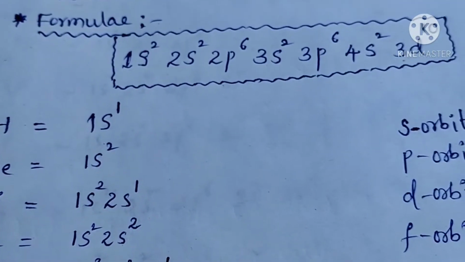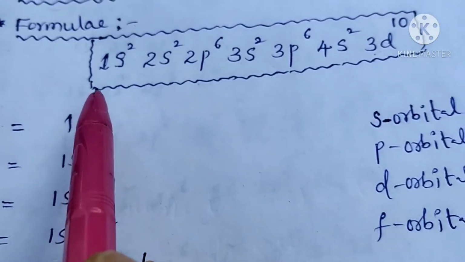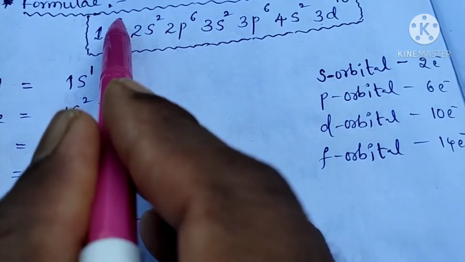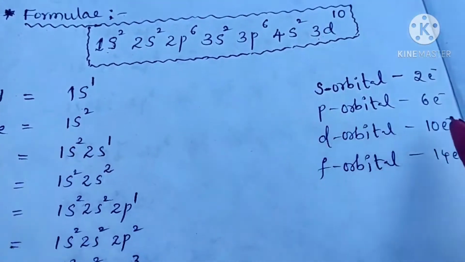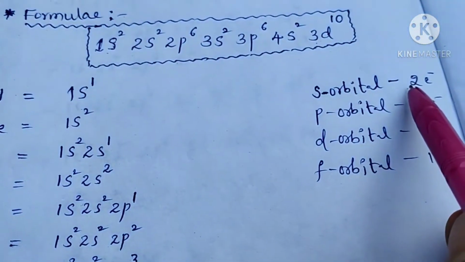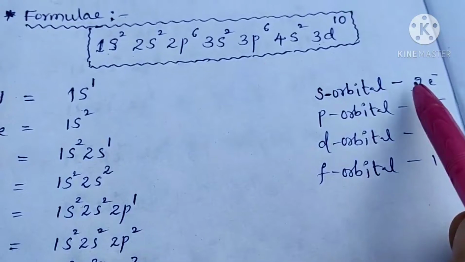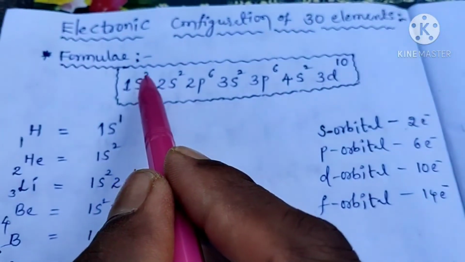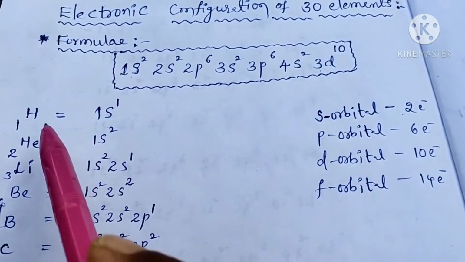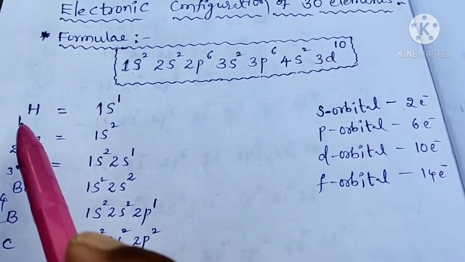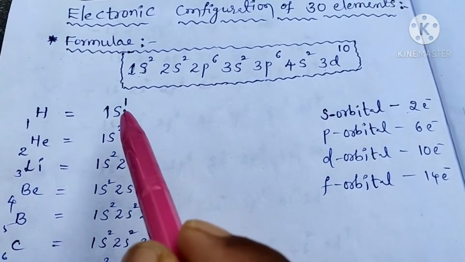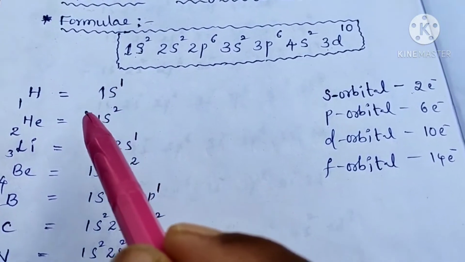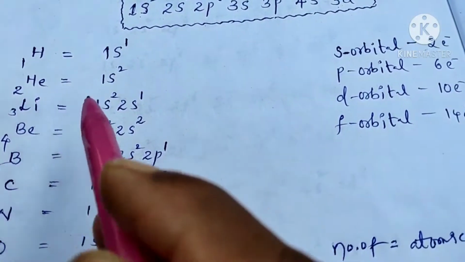According to the formula, let's start with 1s orbital. 1s2, here 2 means the s orbital can accommodate a maximum of 2 electrons. That is why 2 came. So in hydrogen there is only 1 electron, so 1s1.